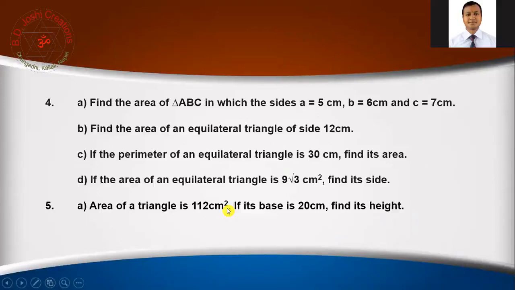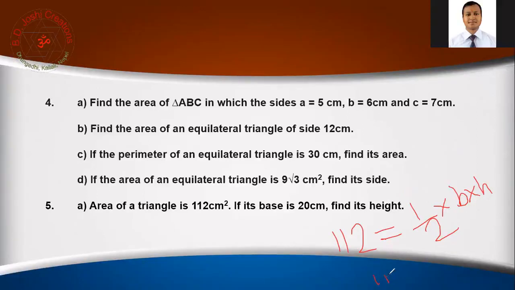Look at the next question, question number 5a. Area of a triangle is 112 square centimeter and its base is 20 centimeter. Find its height. This is also an easy question, so I left it for you. The area of a triangle is 112, and we know area of a triangle is 1 by 2 base into height. The value of base is 20, so in place of b we put 20.